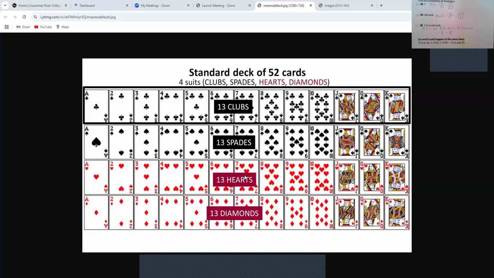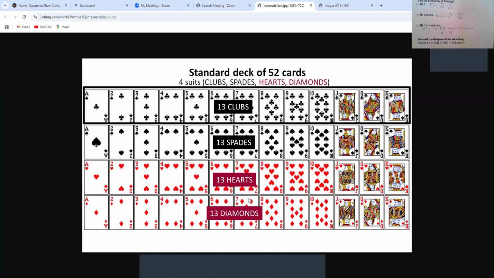Because remember, we counted these 4 sevens in the first part of the problem. And then we counted these 26 reds in the second part of the problem. I do understand that 4 plus 26 equals 30, but we also need to understand that we counted these two twice. These 2 red sevens, they were included in both groups.